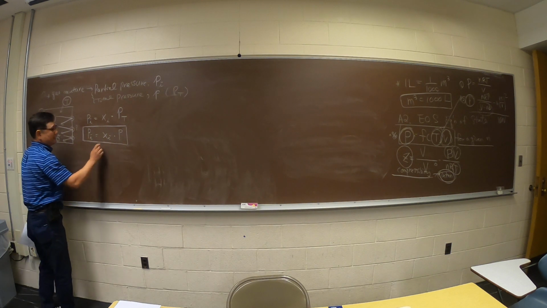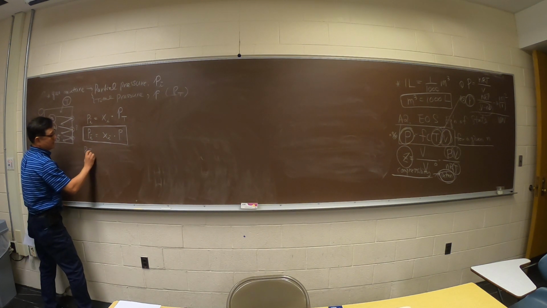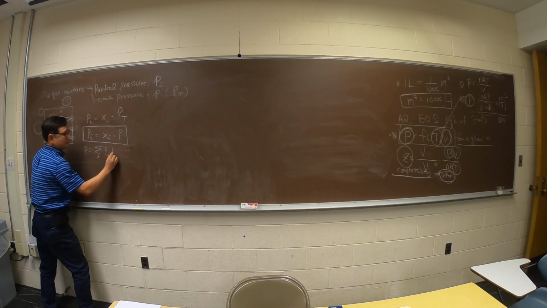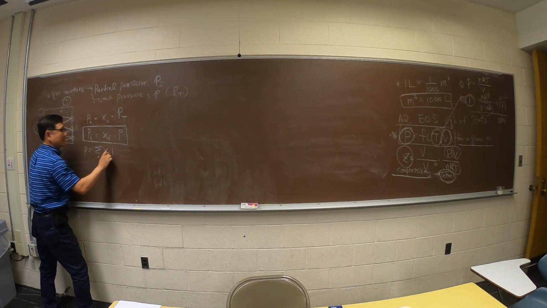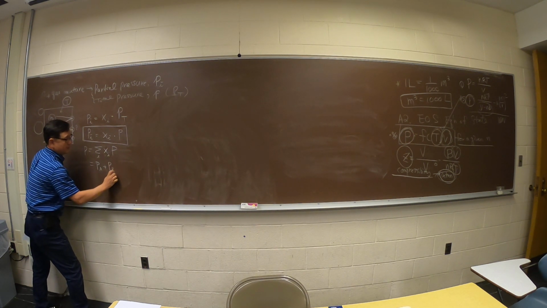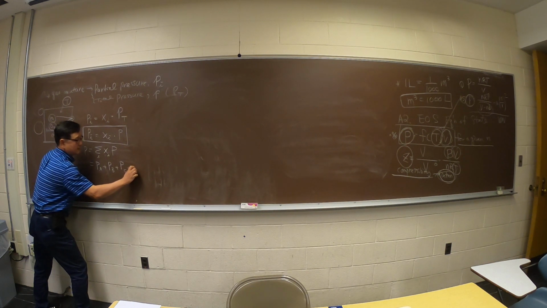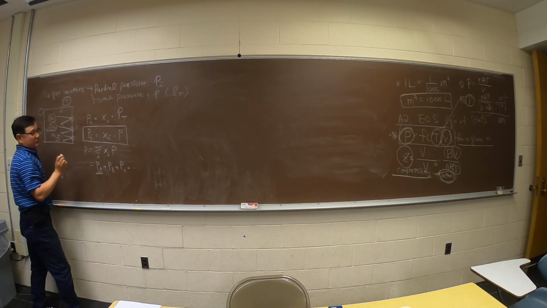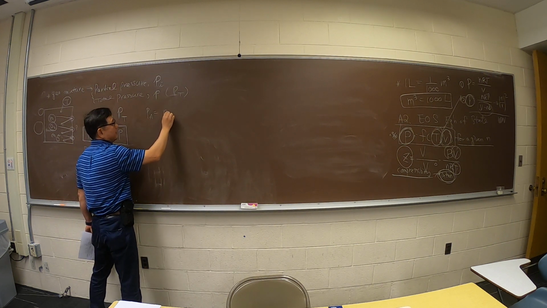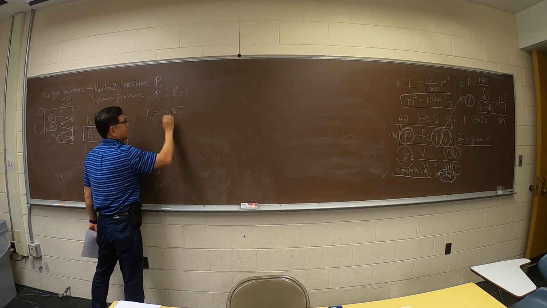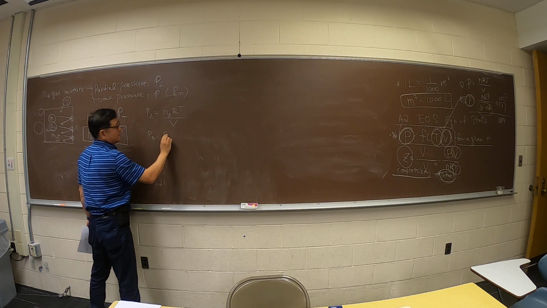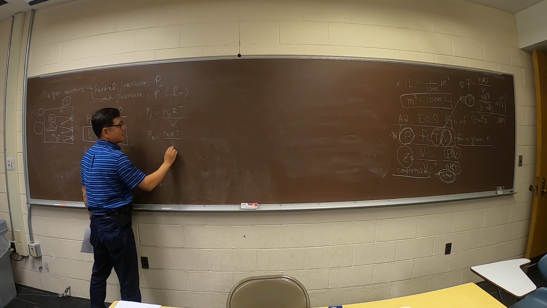Essentially, total pressure is the sum of all the pressures, Σ p_i. So you have a gas A, gas B, just sum together all the gases, and each partial pressure is nothing but n_A RT divided by total volume, and n_B RT divided by total volume.